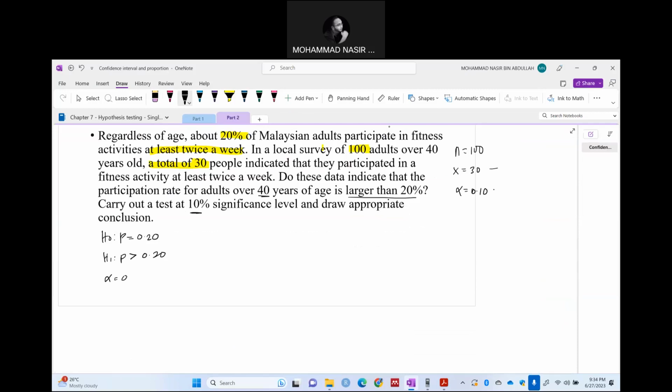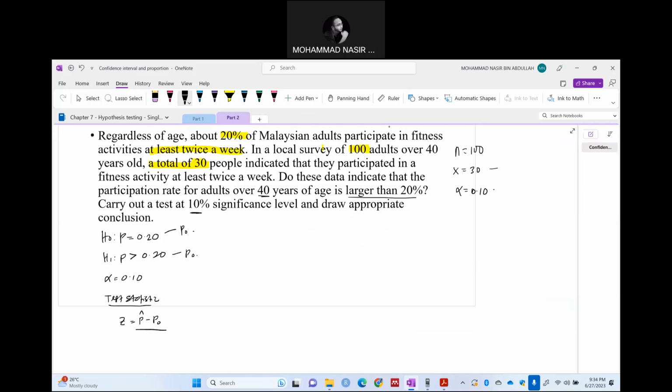Alpha is 0.10. Test statistic: we're going to use the Z distribution, P hat minus P naught. So this is P naught, right?